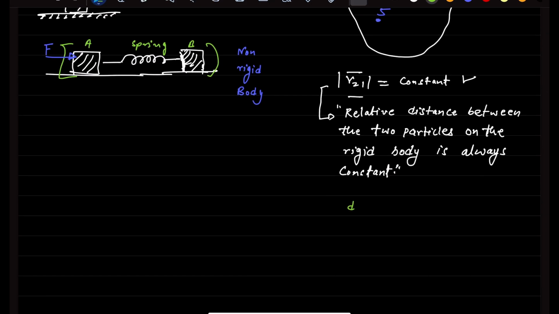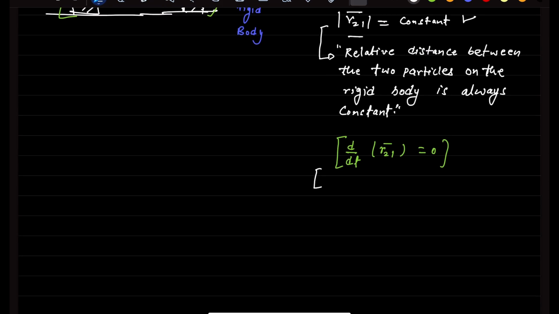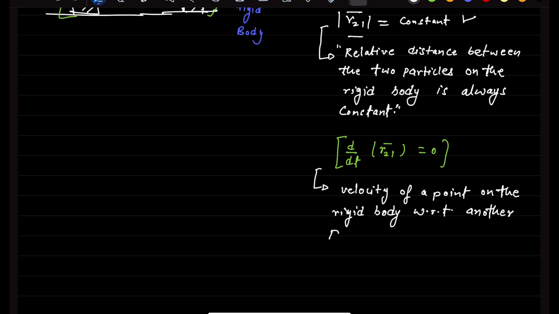You can define it in another way, and you can also use this in physics. You can say that the relative distance between two points or two particles of the rigid body is always constant. Because the magnitude of the relative distance r21 is constant, if we differentiate the magnitude, the differentiation of a constant is 0, right?